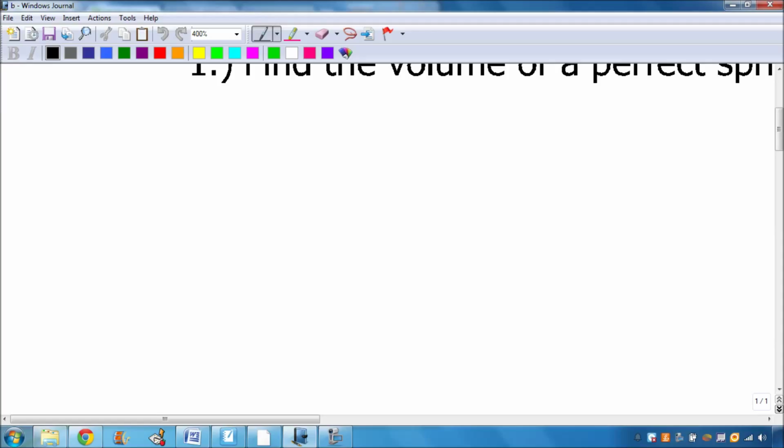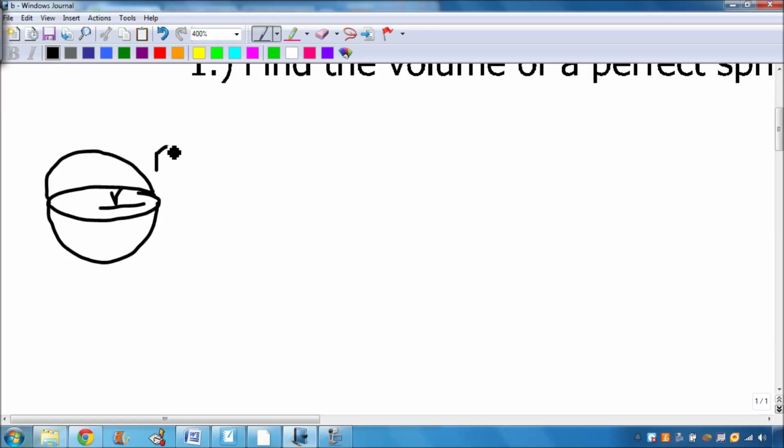So it says it's a sphere, so I'm going to draw a picture of my sphere right here. So here's my sphere, okay? And it says that the radius right here is 9 times 10 to the 5th power units, okay? So I'm going to use the formula for the volume of a sphere, and I'm going to underline this in pink so you can see what I'm going to plug in.